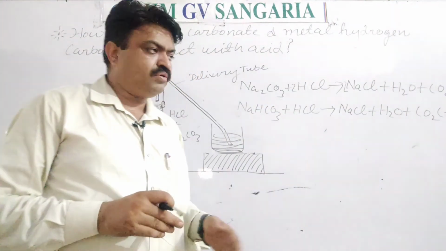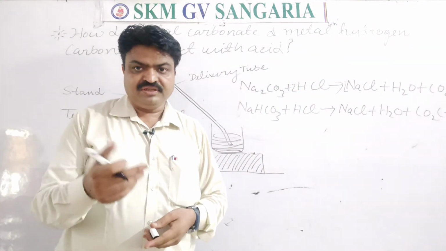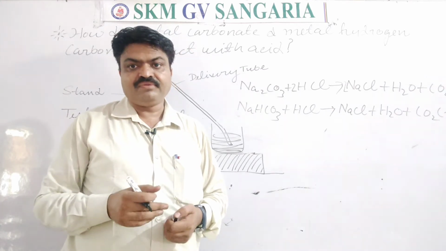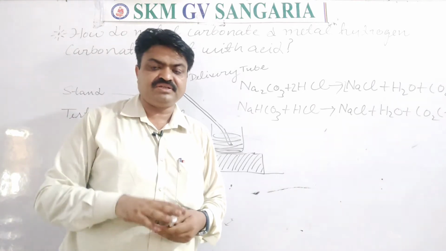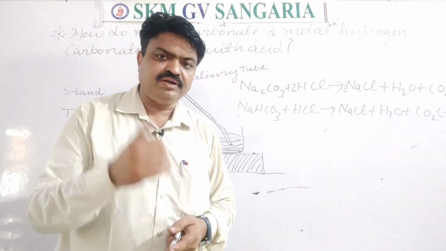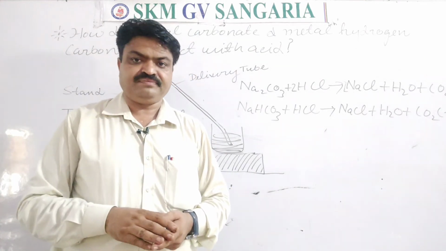Now, how do we know the presence of that carbon dioxide? As I have told, with the help of the burning matchstick we can know the presence of carbon dioxide. How, student? Because in the presence of carbon dioxide, all burning objects are put out or stop burning.